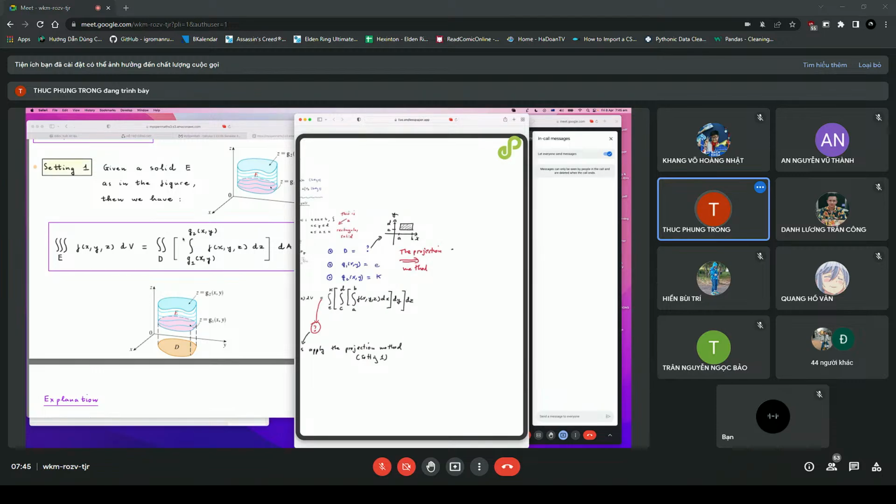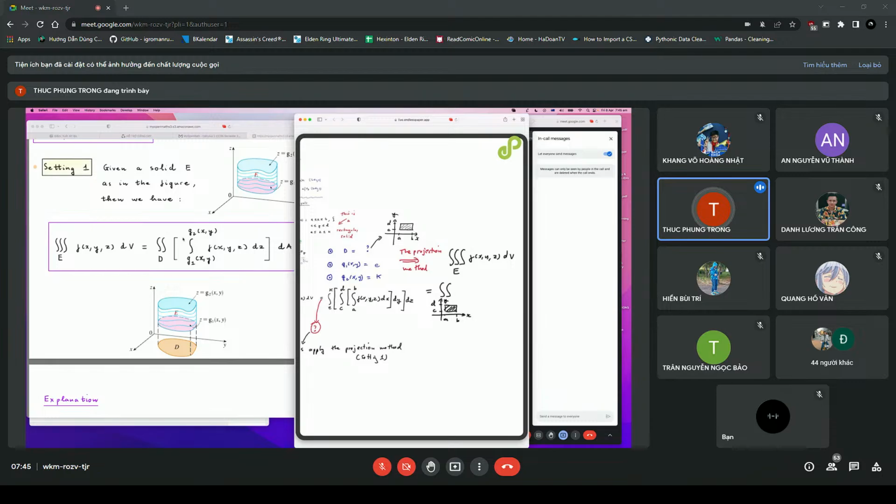Now you have the domain D, we see the rectangle right here. So we have A, B, C, D, this is Y, this is S. And inside we have a definite integral with respect to Z from the function Z1 to the function Z2.